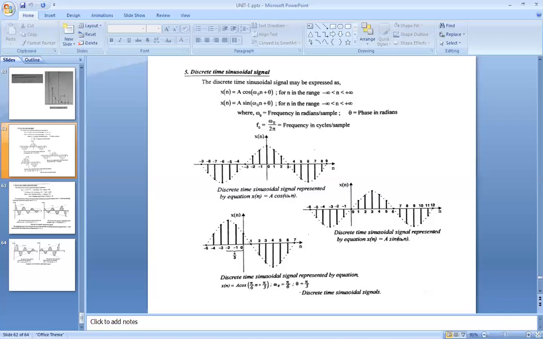Now, the discrete time sinusoidal signal in terms of cosine is shown in the first figure, and in terms of sine, it is represented in the second figure.